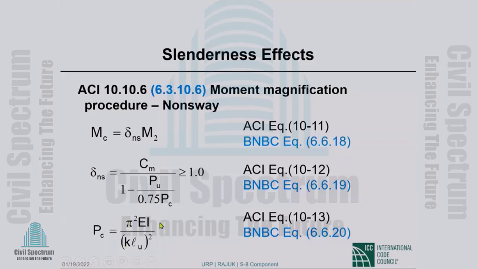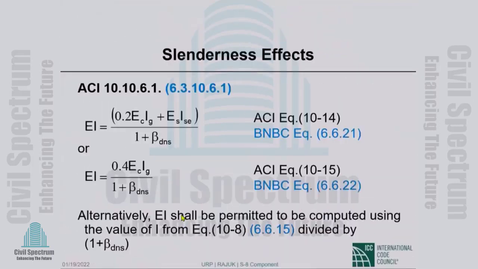This is from strength of materials, if you like. So we magnify M sub 2 by a non-sway magnifier. The non-sway magnifier involves C sub M, P sub U, the column axial load, and the critical column load P sub C. P sub C is pi squared EI over (K L sub U) squared.